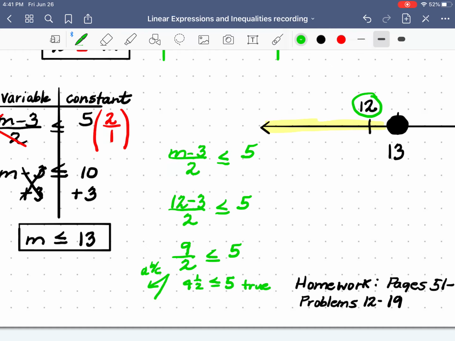If you want to do it with the division key, so do 9 divided by 2, you'll get 4.5, which is still less than 5. So either way you do it, it's true. But the point here that I wanted to show you is if you need a fraction answer, use the fraction key.